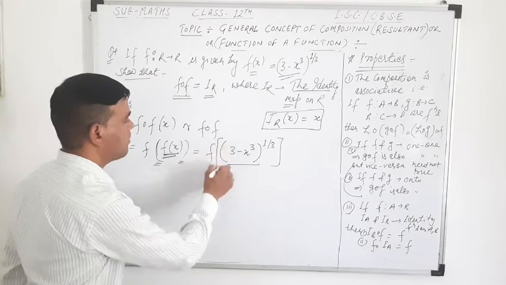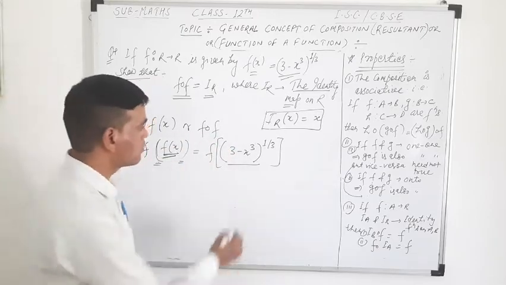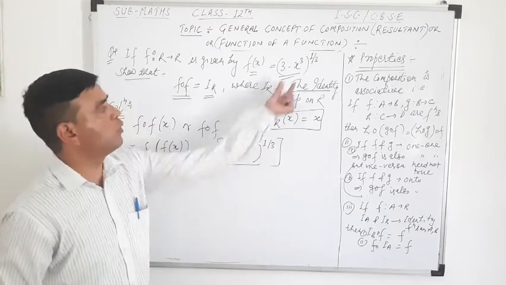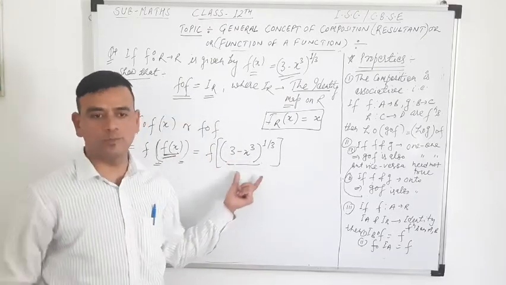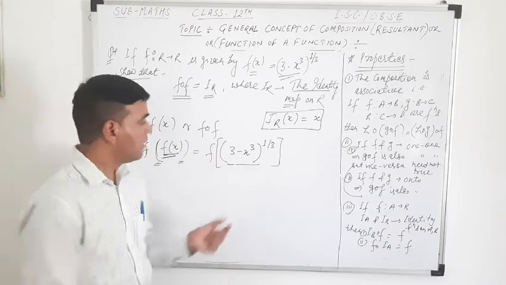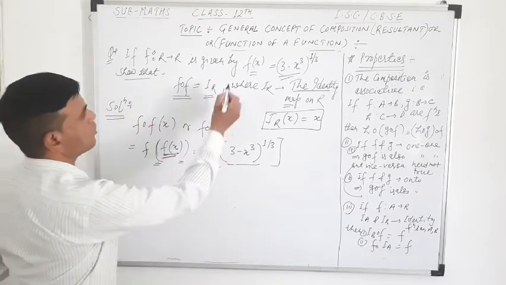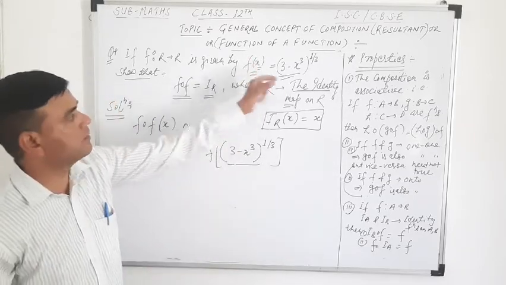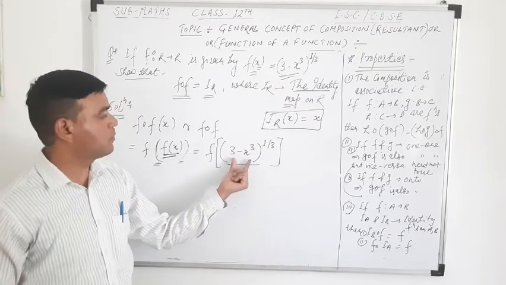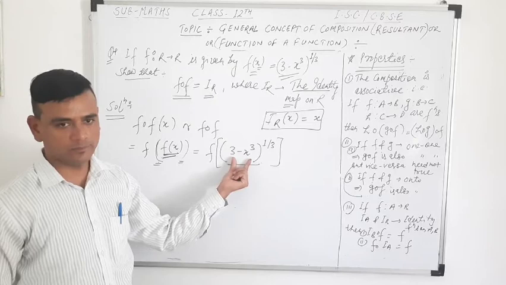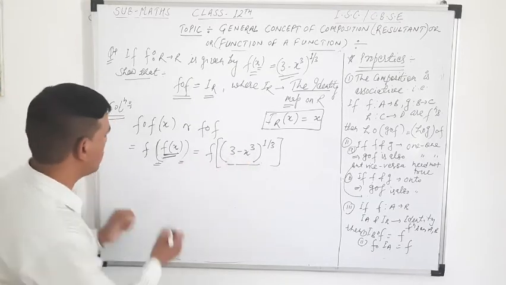For your understanding I am putting a square bracket here. So in place of f(x) I have put the whole f(x). Now you have to find f of this function. In place of x, if x is there, then the value of the function will be this whole. If in place of x we put this one, we have to find out the value of this.